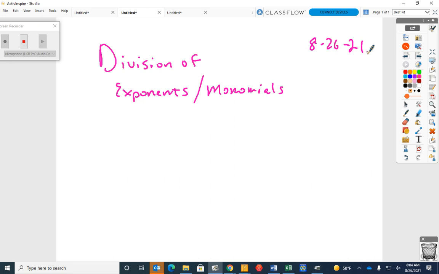When I multiply exponents with the same base, what did I do with my exponents? Who can tell me? I'll show you. If I had this, okay, let's say I have 5 to the third times 5 to the fifth. I have the same base and I'm multiplying these exponents. What do I do with them? Who remembers? You add the exponents, right? So this would be 5 to the what?